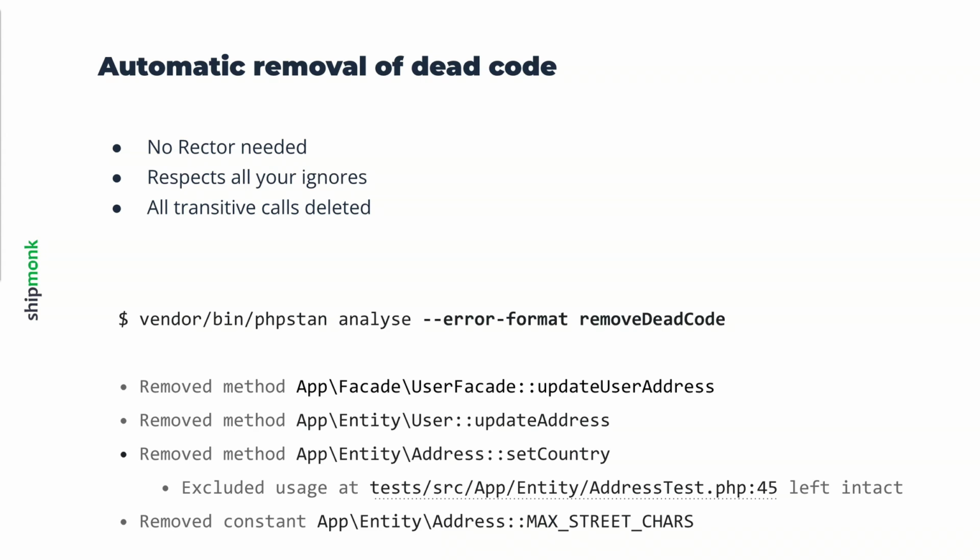With the transitivity, with everything, it maintains your ignores, it maintains everything. So everything you have seen in the output of PHPStan, with a single line in your CLI, you can delete. Obviously, if there are excluded usages, they are kept, and those are seen in the output, so you need to deal with them. Typically, the tests, you need to go there and delete them by yourself, but it still saves a really significant amount of time when dealing with huge refactorings where there are many leftovers.